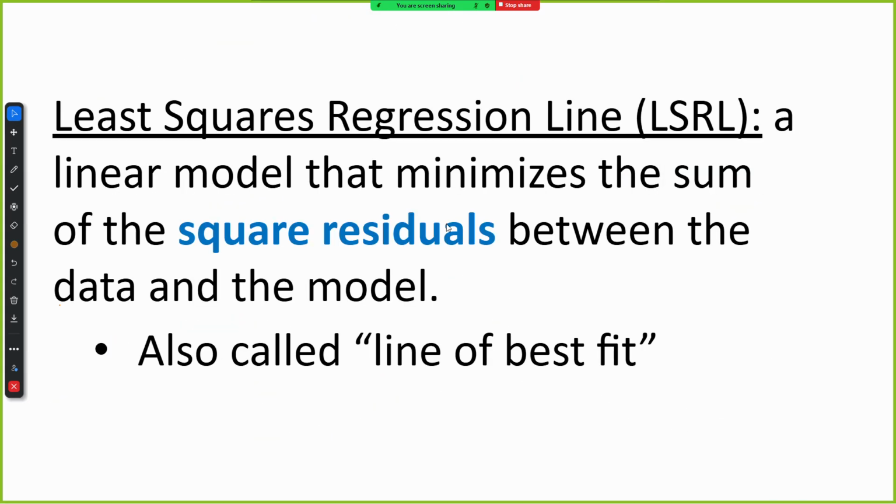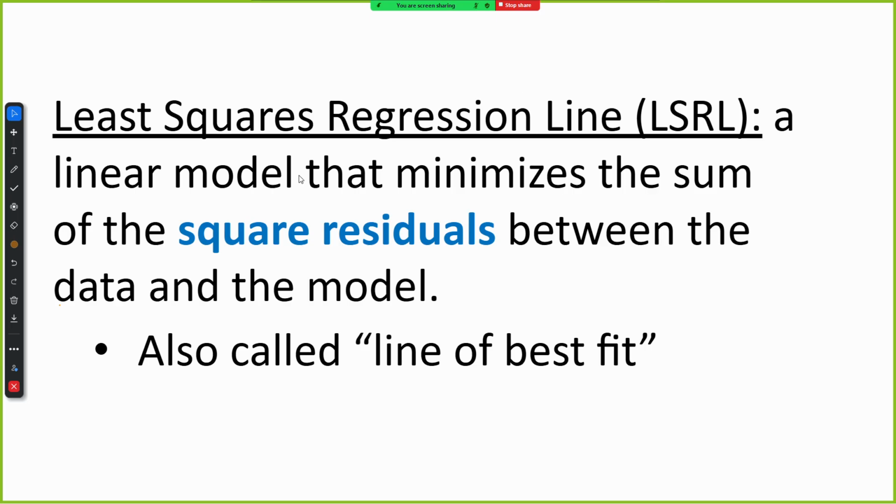So what this brings in is the biggest concept right now, the least squares regression line, LSRL. The LSRL is the least squares regression line, also called the line of best fit. It is the specific line that minimizes the sum of squared residuals across all data points out of every possible line you could draw. So let's say we draw a bunch of lines up through some points.